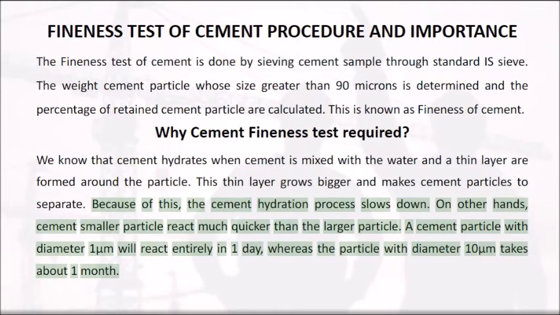Because of this, the cement hydration process slows down. On the other hand, cement's smaller particles react much quicker than the larger particles. A cement particle with diameter 1 μm will react entirely in 1 day, whereas a particle with diameter 10 μm takes about 1 month.